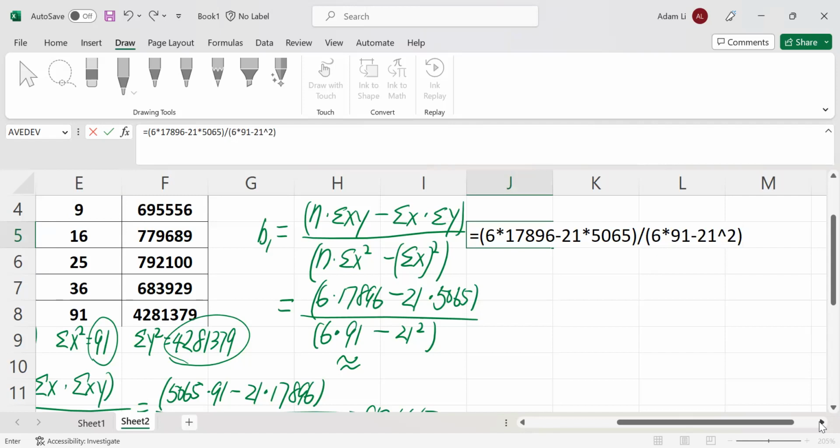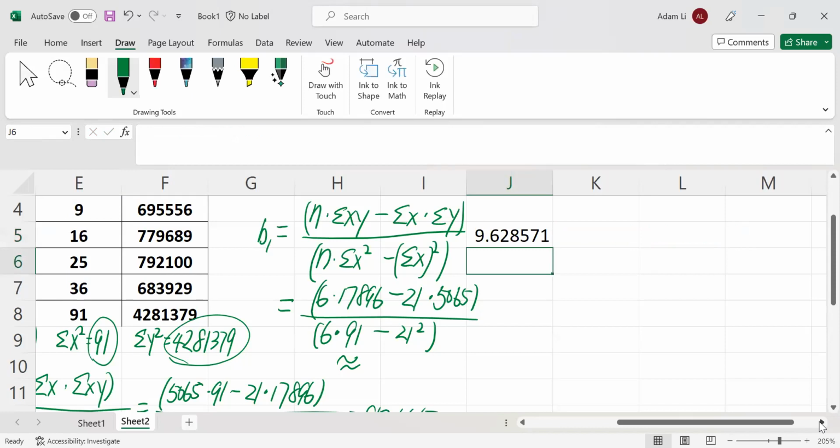All right, that will do it. To enter the result, that's 9.62357. You don't have to write so many decimals.